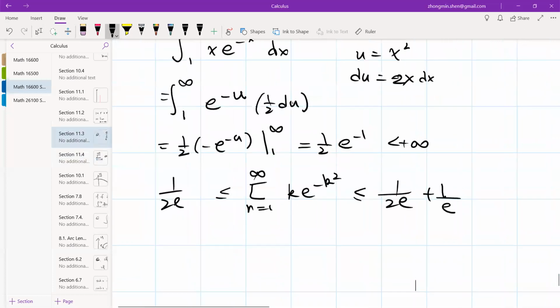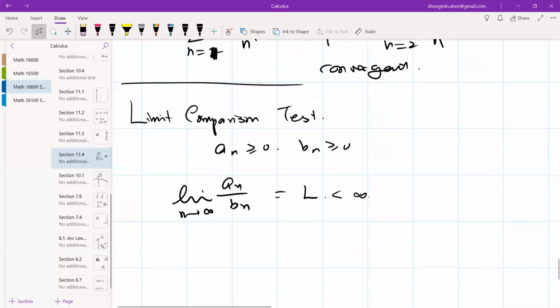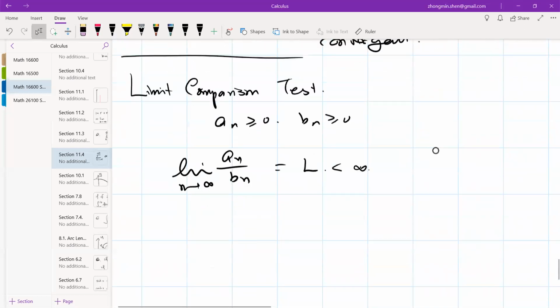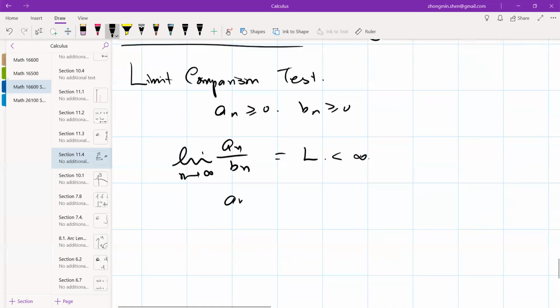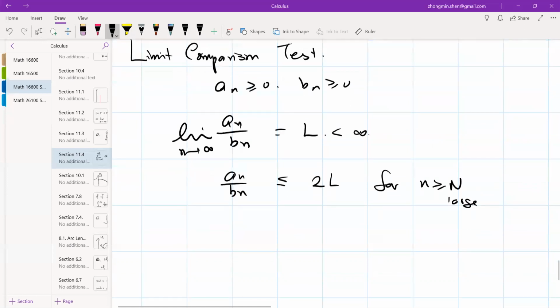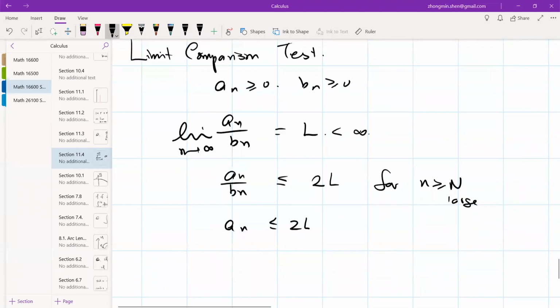Then what you can see is that a_n over b_n is less than or equal to, because the limit is L, less than 2L for larger n. So that means a_n is always bounded by that. That means if b_n is convergent, then a_n is convergent.